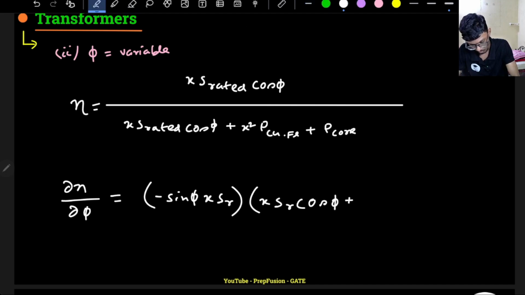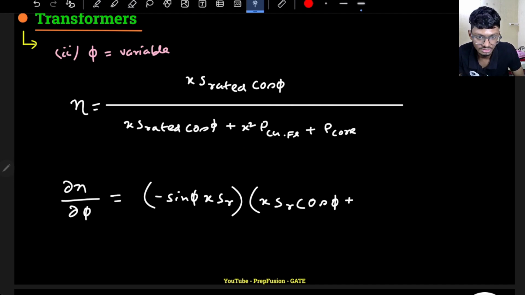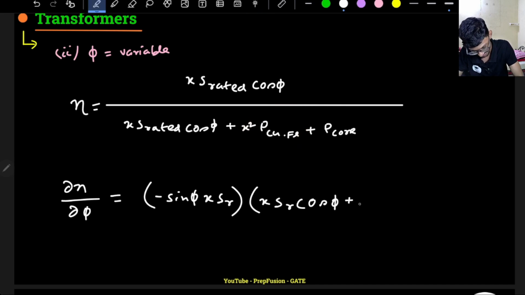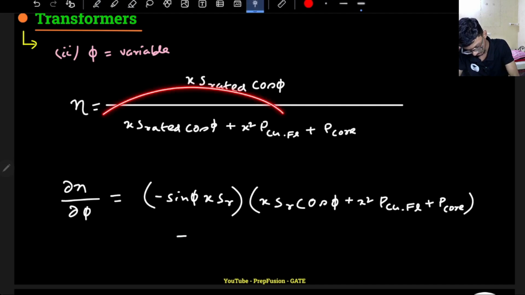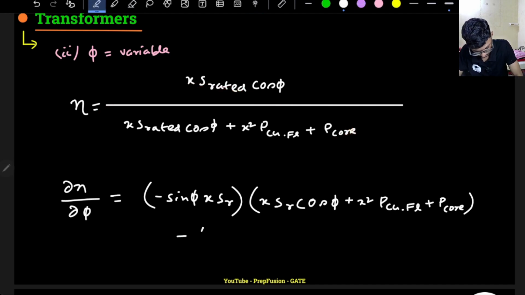Plus. Now my loading is constant. If my loading is constant, all this will be simply 0. Sorry, I'm not differentiating here, right? Sorry, this is just a term. I've also forgotten the differentiation. So this will be the term that I will write. So I hope you know how to differentiate quotients. So x square P_cu,FL plus P core, and now I will differentiate the other term. This is the denominator, right? So minus, if I differentiate this one, so this will be again x S_R into minus of sin phi.